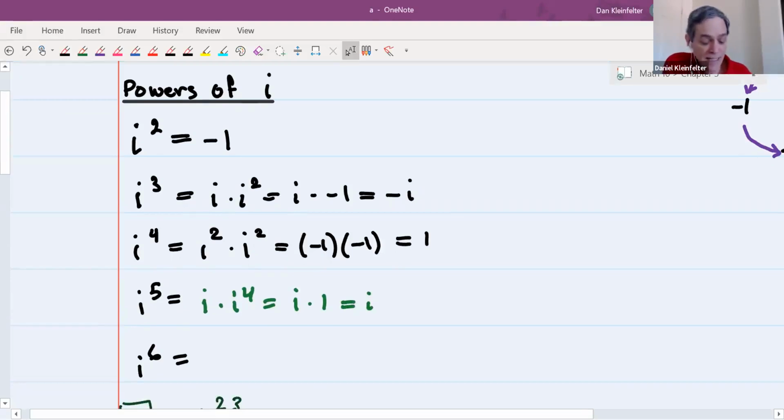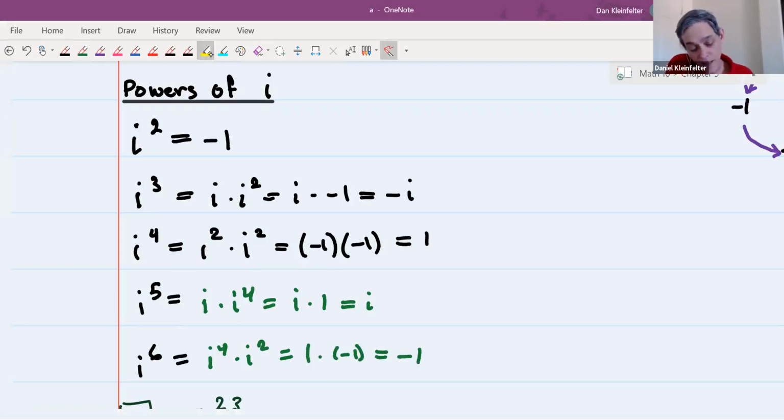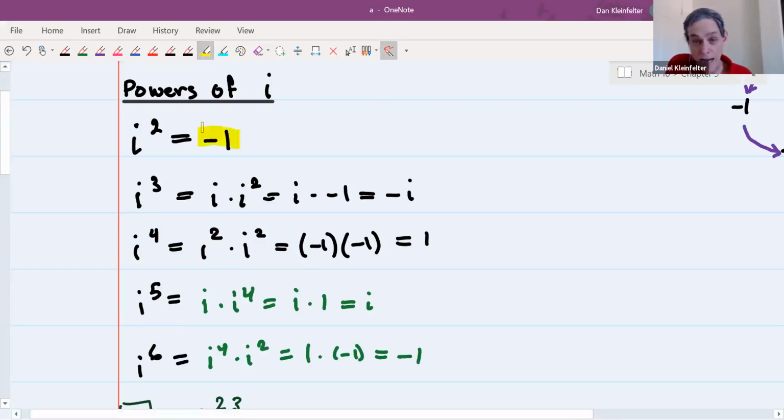For i to the sixth power, we can look at this as i to the fourth power times i squared. We know that i to the fourth power is 1, and i squared is -1. 1 times -1 is -1. So take a look at this pattern. We have i, -1, then -i, then 1, back to i again, -1.